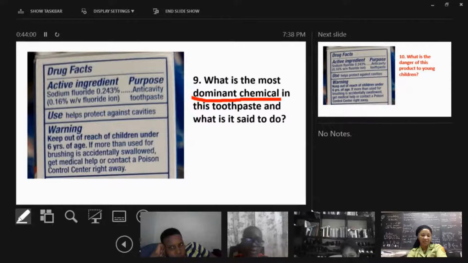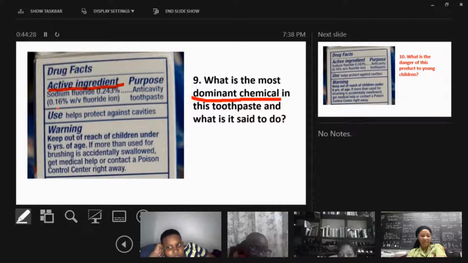Fluoride ions. And the purpose of fluoride ion is toothpaste. Ah, you're reading it wrong. So sodium fluoride. See, they have active ingredient. That's the active one. That's the dominant ingredient, sodium fluoride.